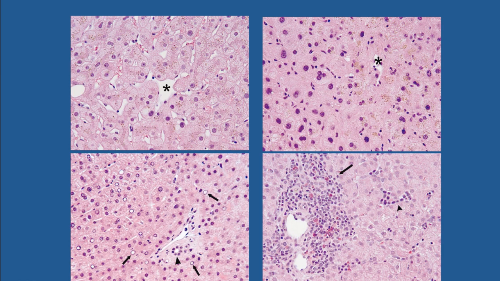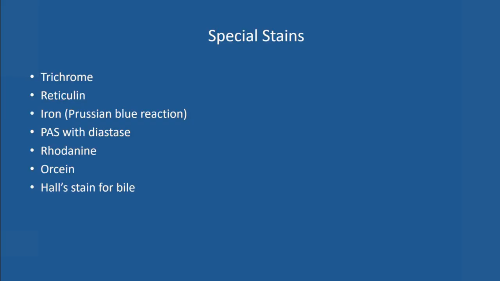So do not call this hepatitis. This is just extramedullary hematopoiesis. These are myeloid precursors. And over here we have erythroid precursors. It's very, very common for us to get biopsies from very young children for cholestasis. And we see this, and then we might call it hepatitis, but please refrain from that and think about extramedullary hematopoiesis, which is pretty normal.